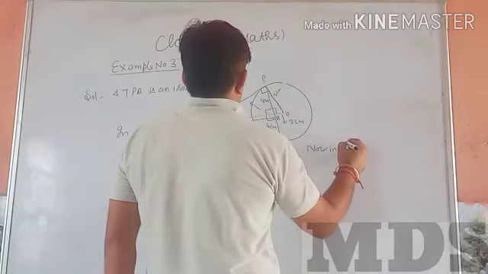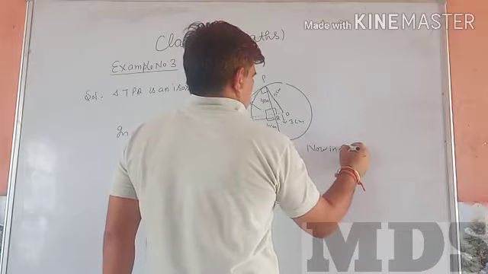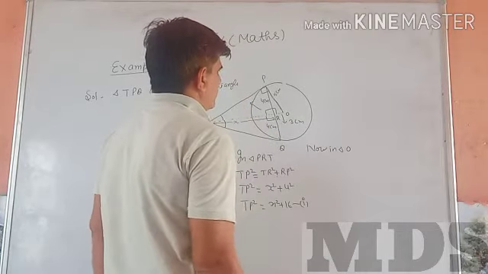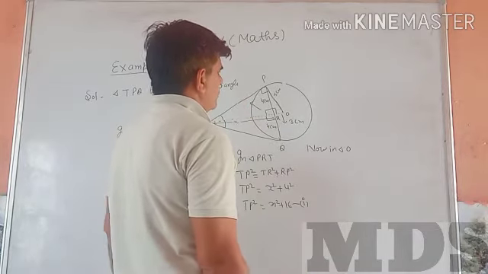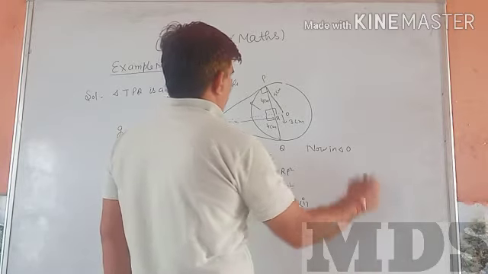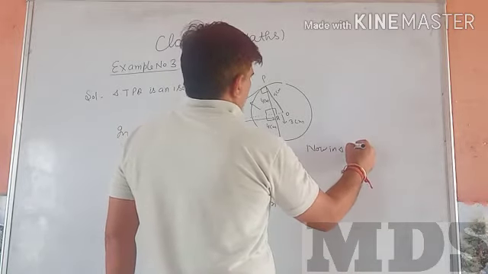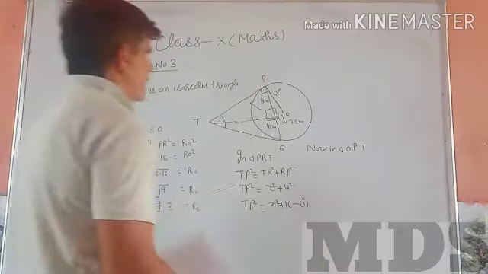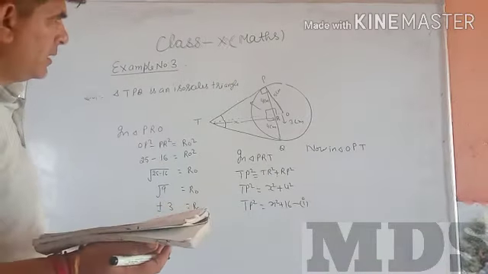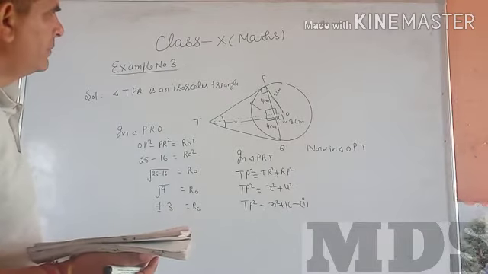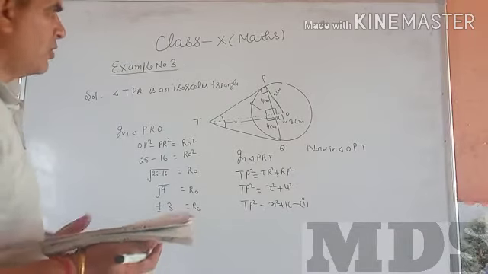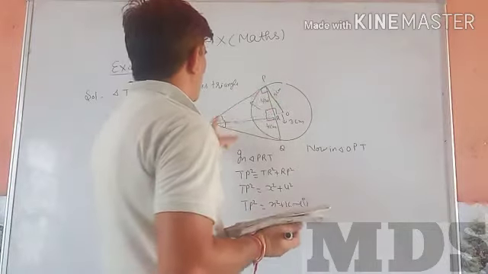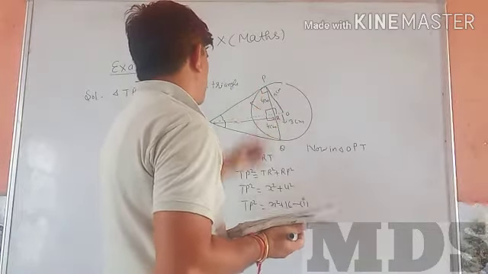Now in triangle OPT, this is perpendicular, this is hypotenuse.